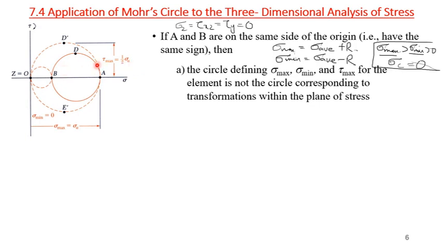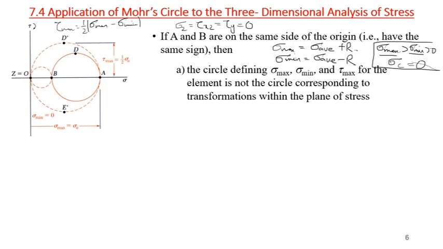Now if you look at what will be the maximum radius of the Mohr circle, tau max will be 1 by 2 times sigma A. If you remember, in this case the absolute minimum stress is 0. So in the 3D case, tau max is equal to 1 over 2 times sigma max minus sigma minimum.